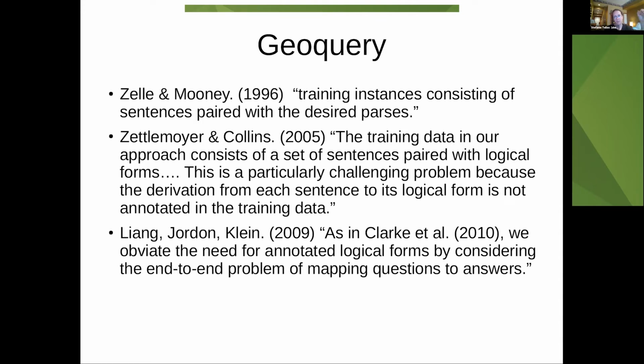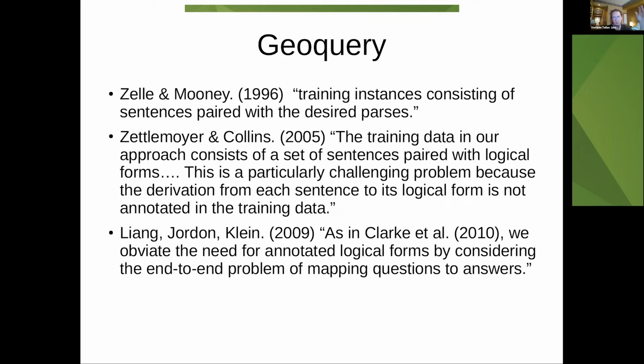Then in 2005, Luke Zettlemoyer's thesis was to say, actually, you know what? We don't need the parse tree. We're only going to give it the English and the logical form, the semantic representation, not anything about the parse tree of the English. Then in 2009, Percy Liang and a couple of other people who did similar things with this data set at the same time said, you know what, we don't even need the logical form. We don't need the semantic representation at all.